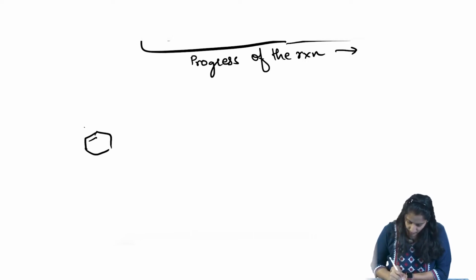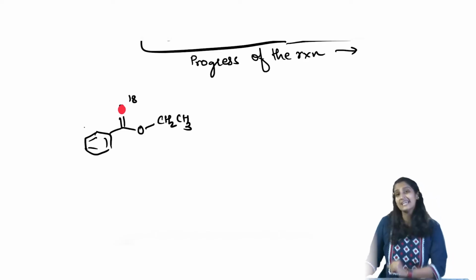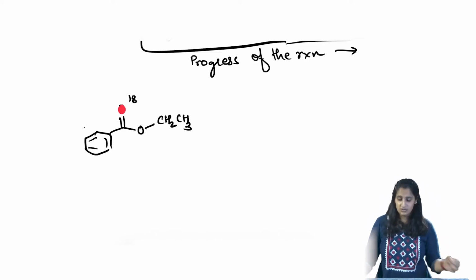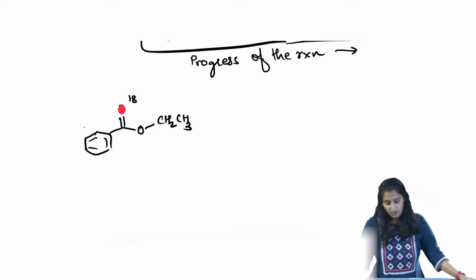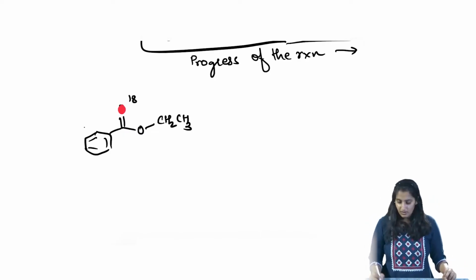To begin with, we are going to start with an ester. But it is a special ester wherein the carbonyl oxygen is labeled with O18 oxygen. So, it is not the regular oxygen isotope that we see typically, it is O18 oxygen.